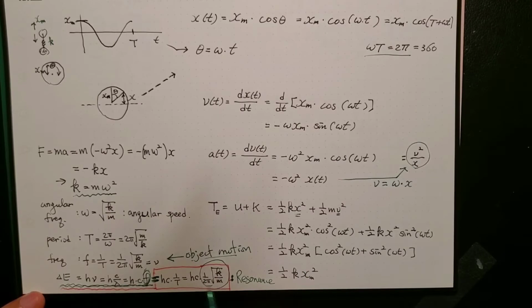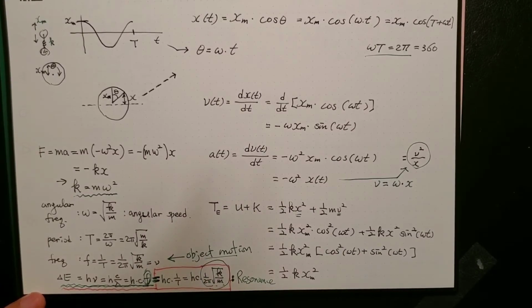So this is the formula that we derive out of Planck's equation, and now it has the elements, the constants, or the measurables of the object.